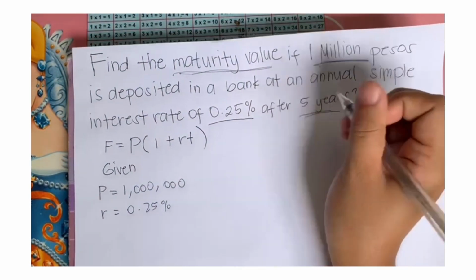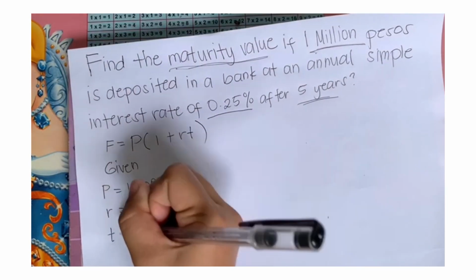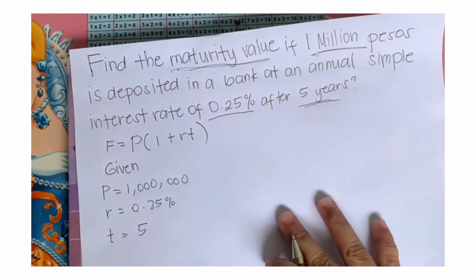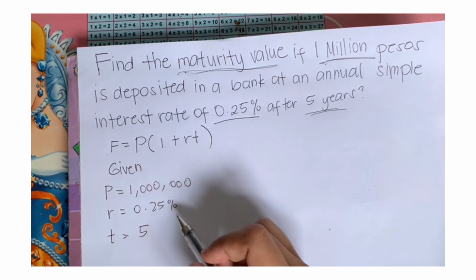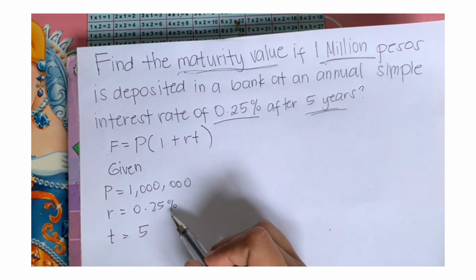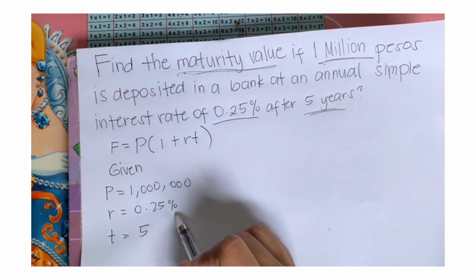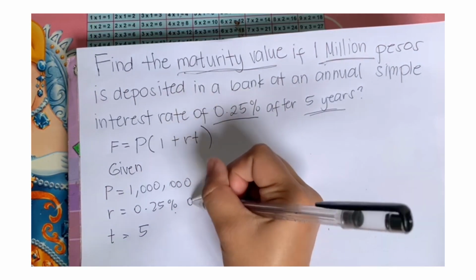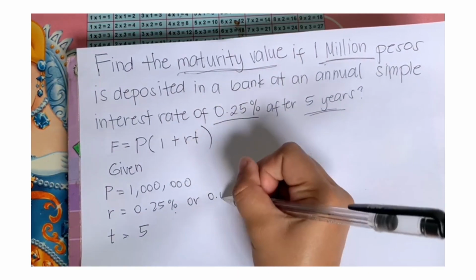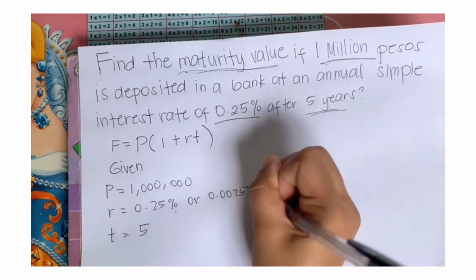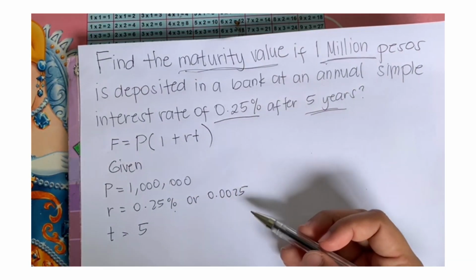And time, which is 5 years. Since our rate is in percent, we will make it a decimal, which becomes 0.0025. So, we now have the given.